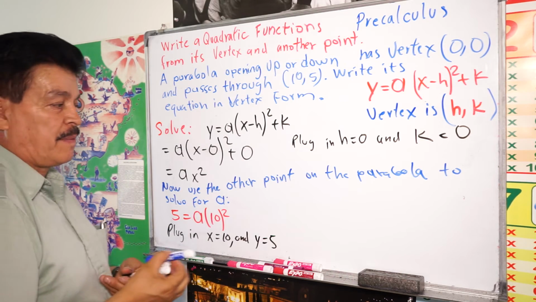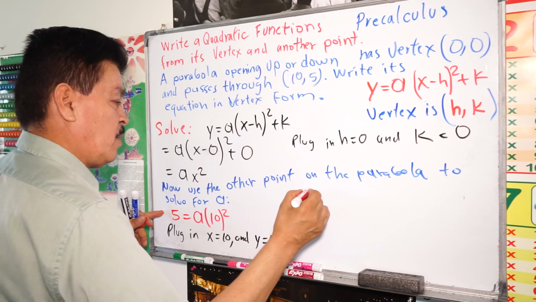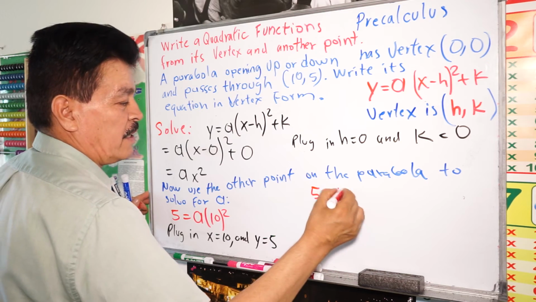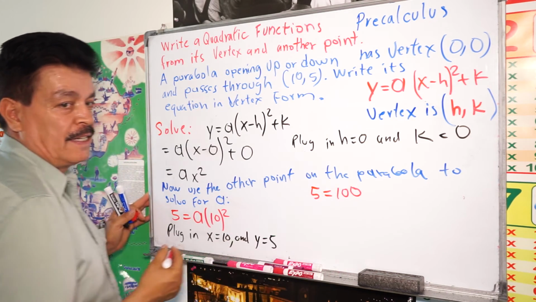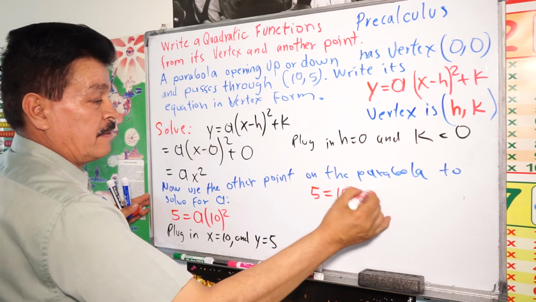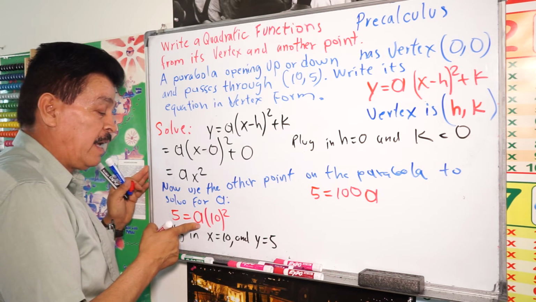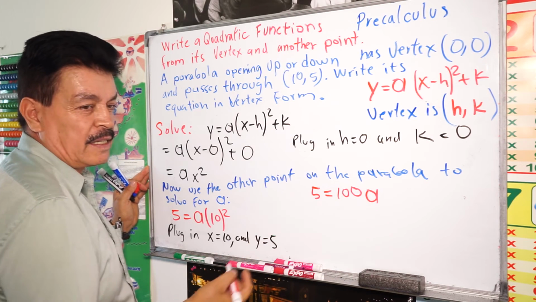So next step, you simplify this. This is going to be 5 equals 100a, because you have a times 10 to the second power, which is 100a.